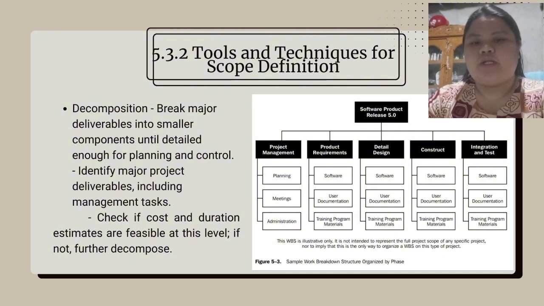Figure 5.3 demonstrates a work breakdown structure organized by project phase, such as planning, design, construction, and testing. Each phase of the project contains its own deliverables and tasks, which helps teams monitor progress throughout the project life cycle.